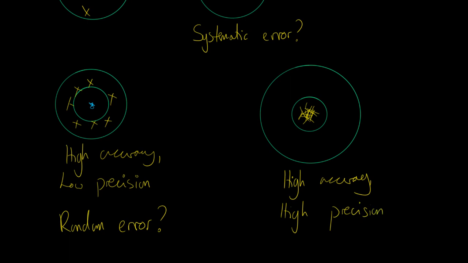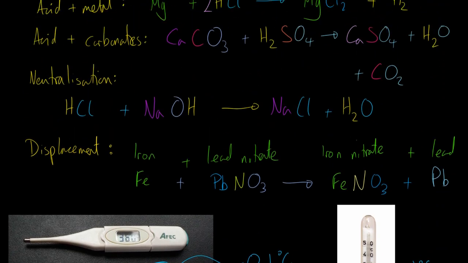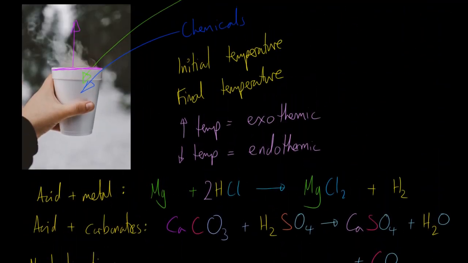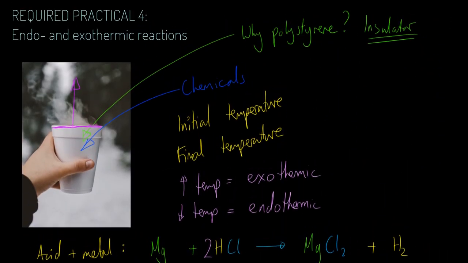Not only are you measuring close to reality, but also your results are all in agreement with each other. That's the gold standard. So when you do this, what you want is precise and accurate results. Basically, if your results don't agree with each other and they're not what they're supposed to be, you need to go back and look again at how you are doing your experiment.